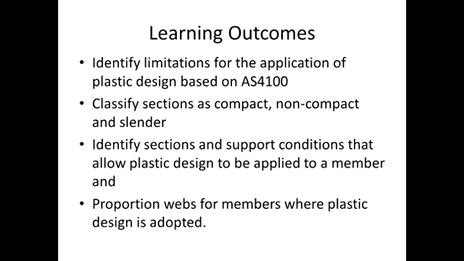And then based on those classifications, the standard tells us which of these sections would be suitable for plastic design. So we can't use all of these types of sections for plastic design based on the standard.